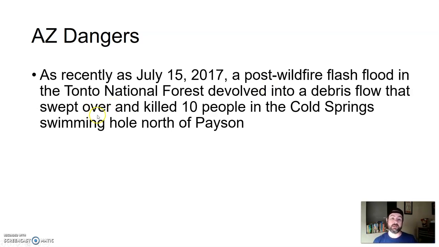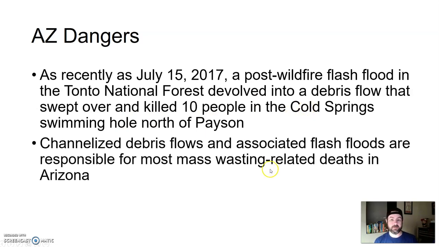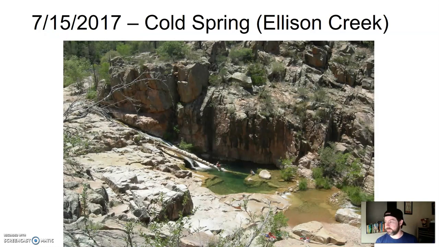It swept over and killed 10 people in the Cold Springs swimming hole, just north of Payson. This was a channelized debris flow, flowing in this channel. Debris flows and the associated flash floods are responsible for most mass wasting related deaths in Arizona. So unfortunately, that's what happens.